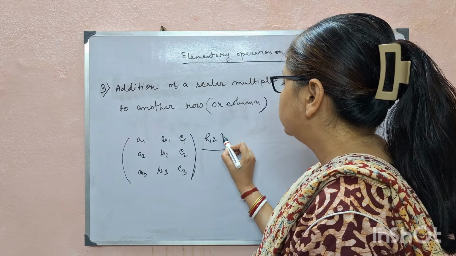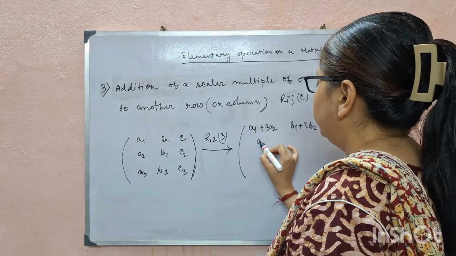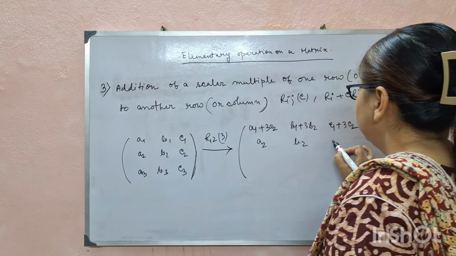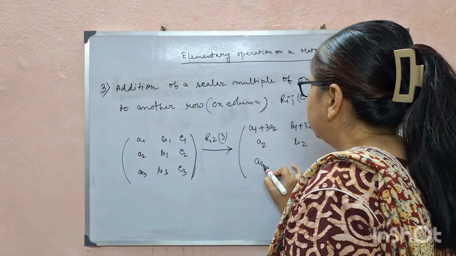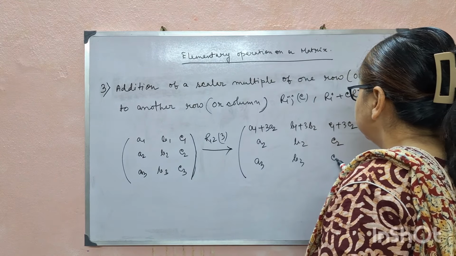That is, I will multiply the second row of the matrix by the non-zero scalar 3, and then I will add the elements of the second row to the elements of the first row: A1 plus 3A2, B1 plus 3B2, C1 plus 3C2; A2, B2, C2; and A3, B3, C3.